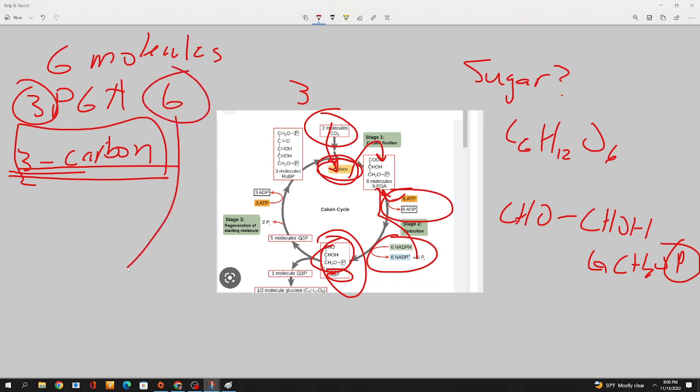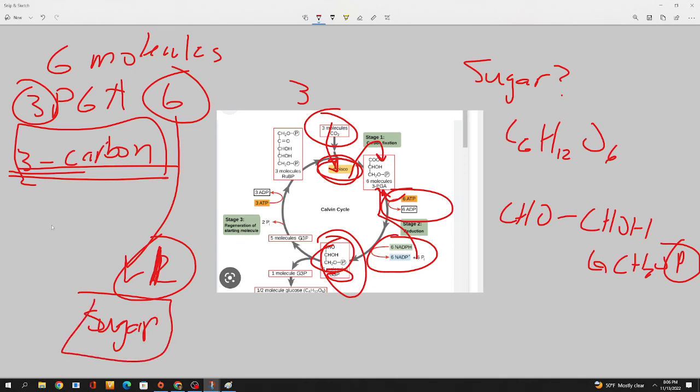And in total, only one of them, I believe, is going to end up becoming a molecule that is used for sugar, like actual sugar that the plant uses to eat.